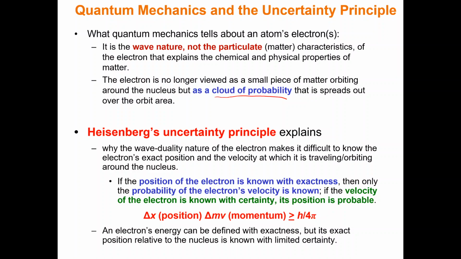What he's saying is, if I physically manipulate an atom or a set of atoms in such a way that I know the position of the electron, then I no longer know its velocity. Or if I want to know its velocity, I've knocked it out of orbit, so I don't know its position anymore. Why is that?